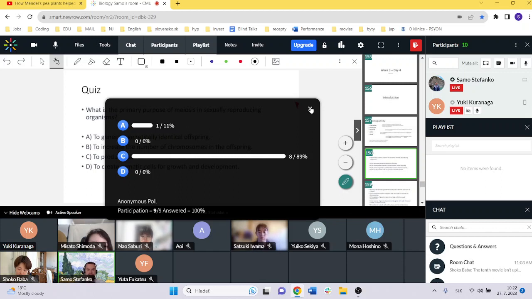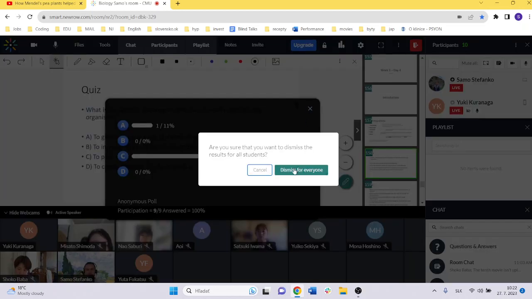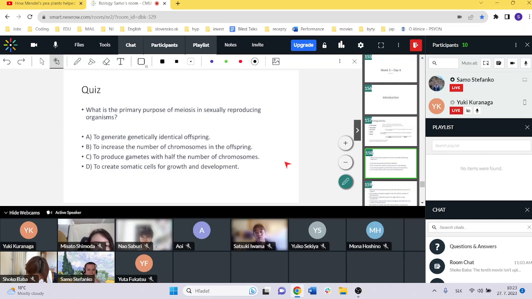Yuki, what have you chosen and why? I chose C, because I thought A, B, D are not correct. So A, genetically identical offspring, is not correct.